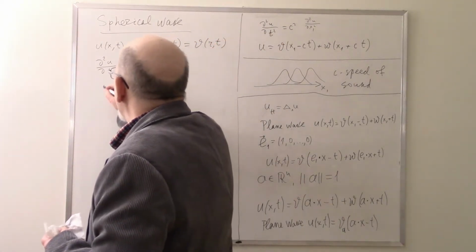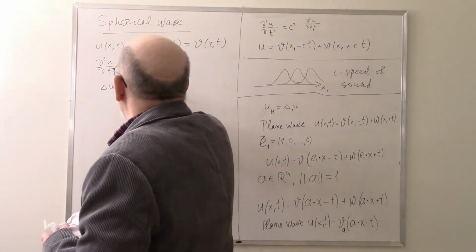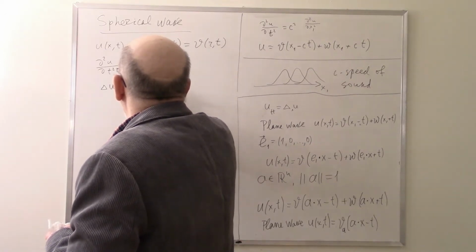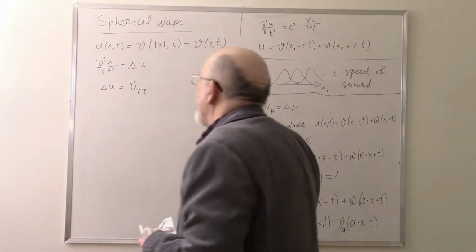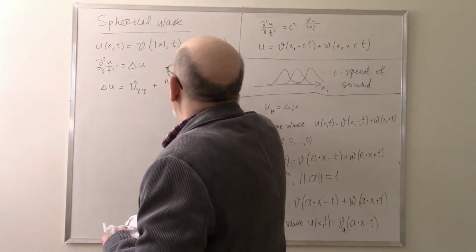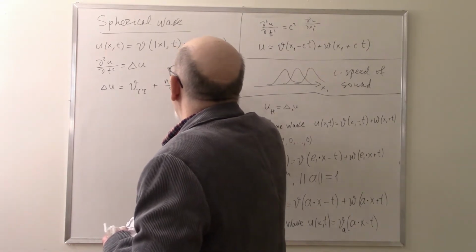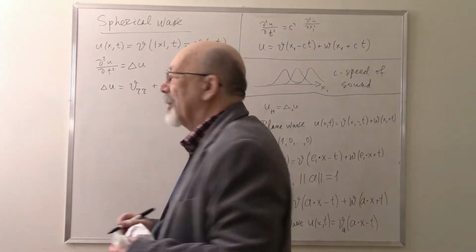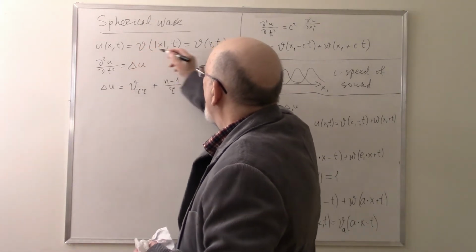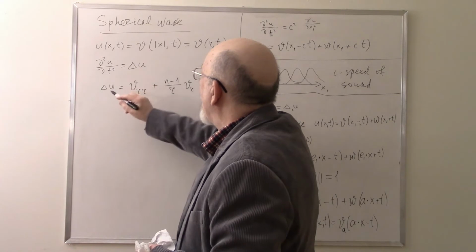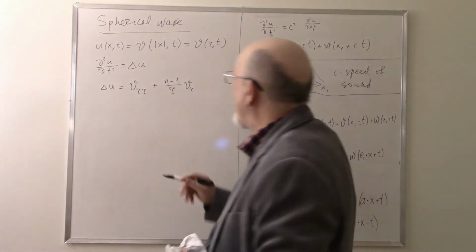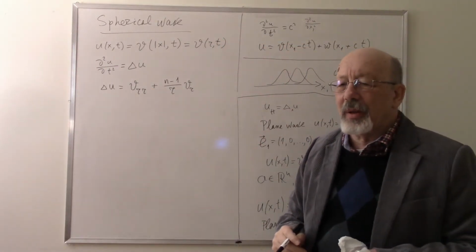The Laplacian of u equals v_rr, the second derivative of v with respect to r, of v of r,t, plus (n minus 1) divided by r times dv/dr. If u has this form, then the Laplacian of u is given by this simple expression.